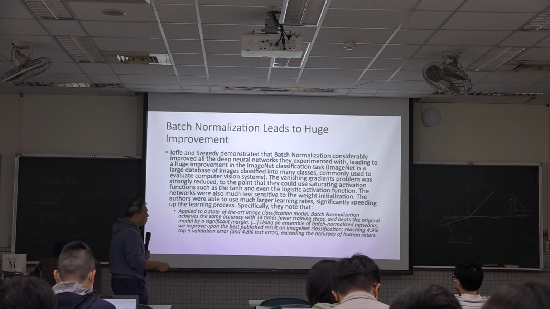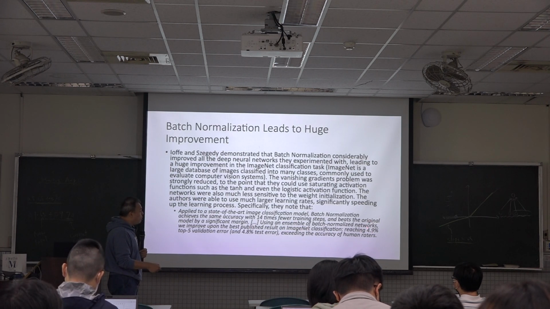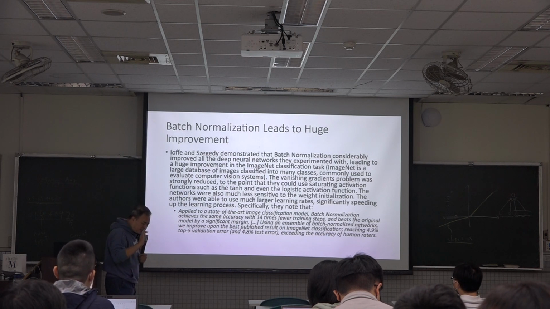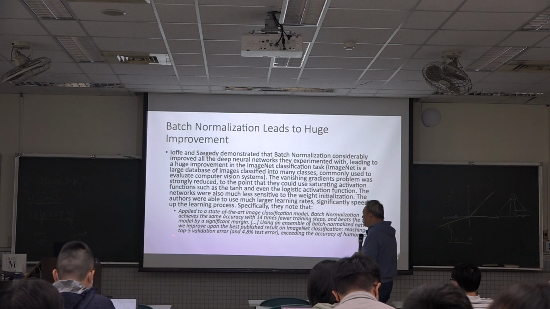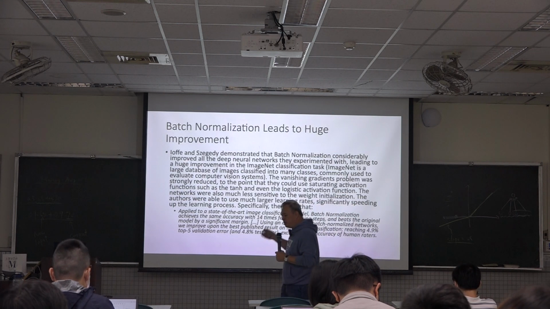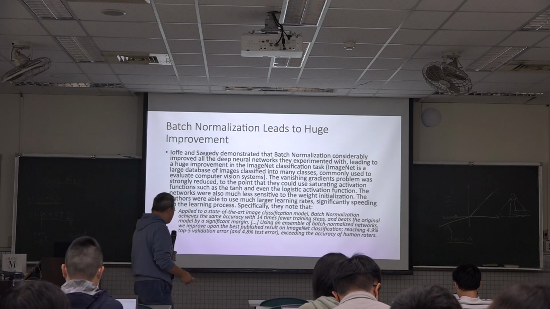Using an ensemble of batch normalized networks, they improved upon the best published result on ImageNet classification, reaching 4.9% top 5 validation error. You may not understand what top 5 validation error is, and that's fine. Just understand this 4.9% top 5 validation error and the 4.8% test error exceed the accuracy of a human rater. Even if you let a human do the image classification, the top 5 error will be higher than their model.